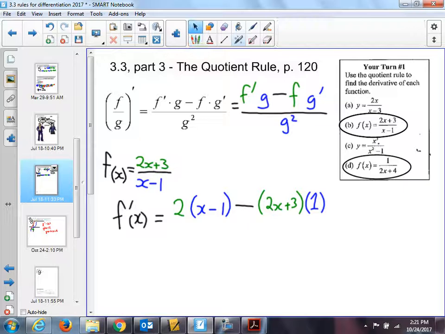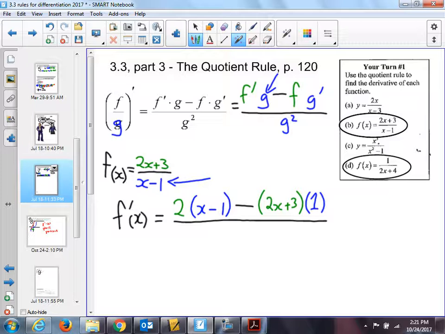But now, where did you get the x minus 1? That's just from the bottom going up. Yep. Because g left alone, g being the bottom, f being the top. Okay? So that's why I'm color coding it here. This is left alone.